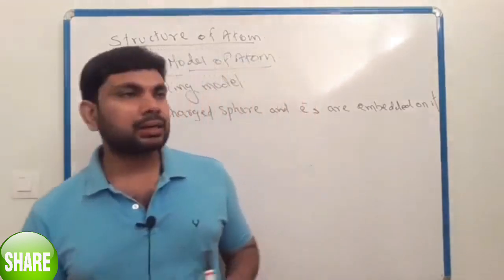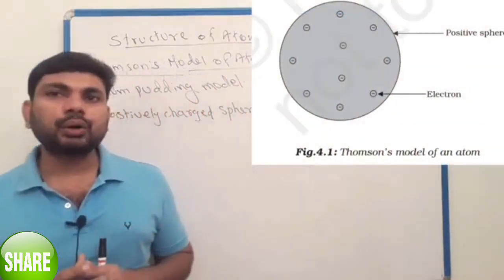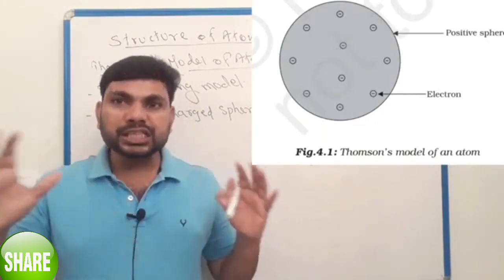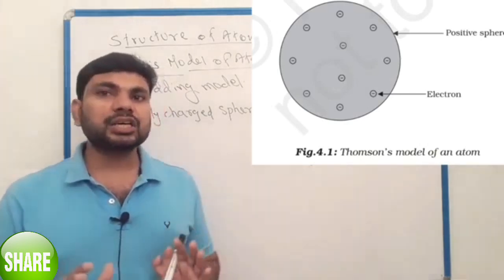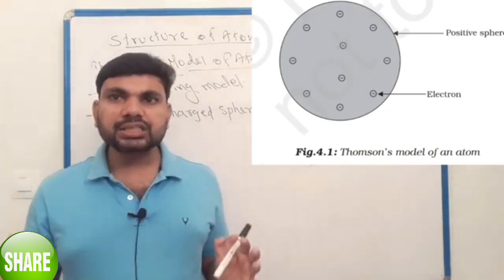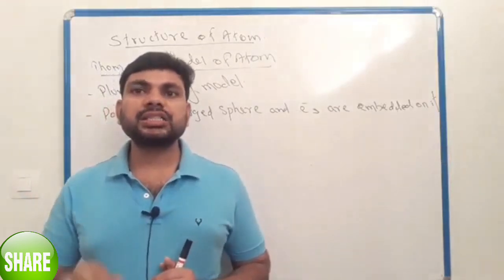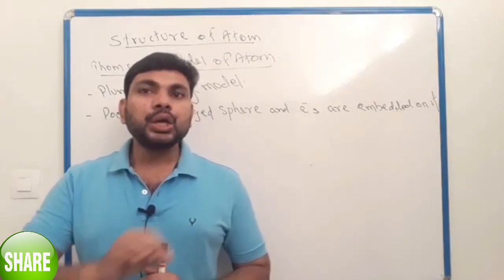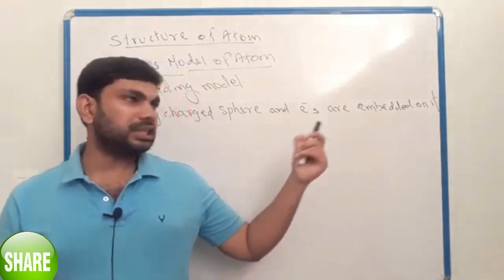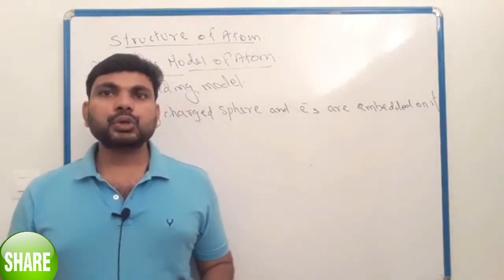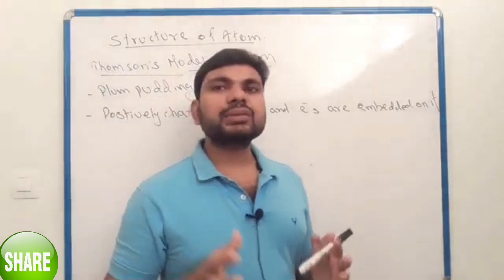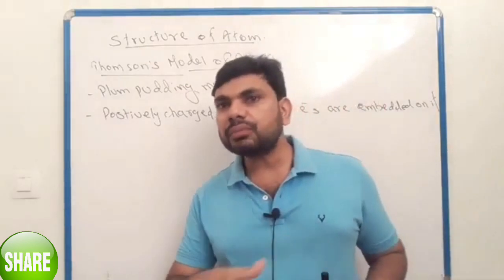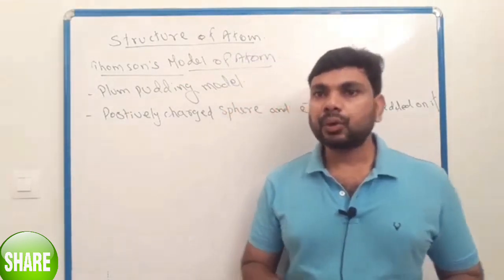According to J.J. Thomson, he considered the atom like a positively charged sphere, with negatively charged electrons embedded and uniformly distributed in it.